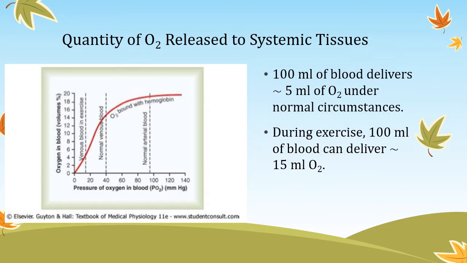So the quantity of oxygen released to systemic tissues, again, this is similar to the previous slide that I have mentioned, that the amount of oxygen being released to the systemic tissues depends on the partial pressure of oxygen.